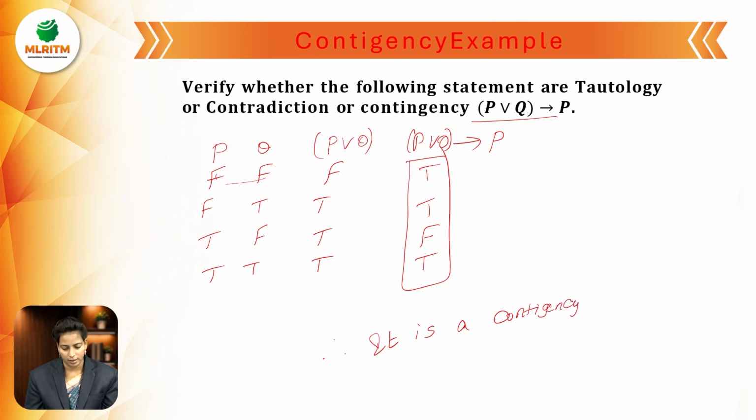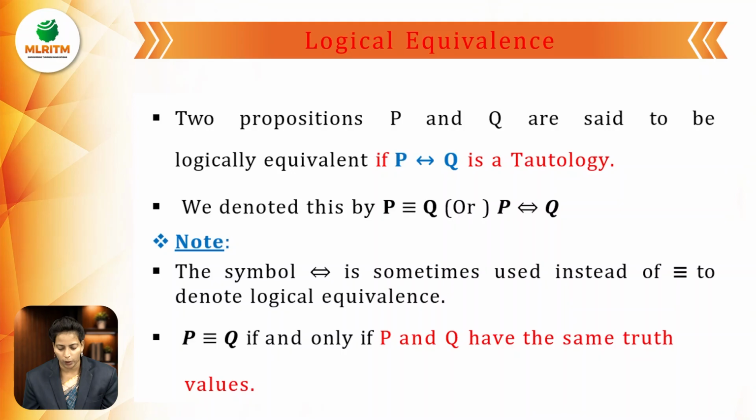Clear? Next, logical equivalence. Let us consider two propositions P and Q. They are said to be logically equivalent if P double implies Q is a tautology. It is denoted by two symbols, using this one or this one.